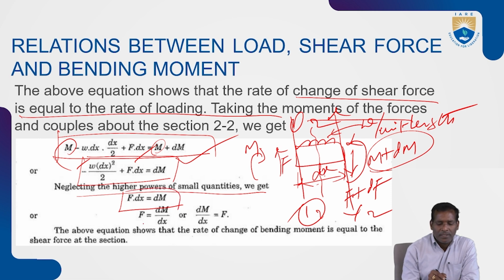So you can write F is equal to dM by dx, or dM by dx is equal to F. So it means the rate of change of bending moment is equal to the shear force at the section.